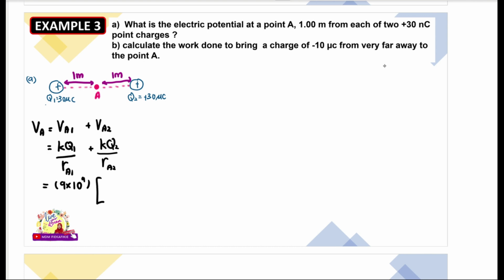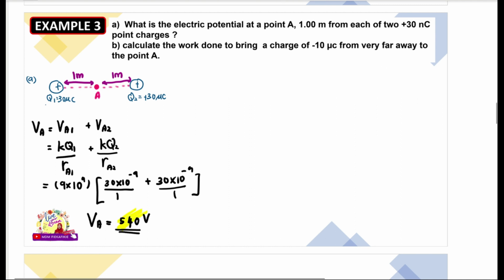Ini saya factorizekan. Q1, okay, nanocoulomb bukan micro, baca soalan betul-betul. So 1 meter plus another Q2. Okay, and then finally VA saya dapat 540 and the unit is volt. Alright, so jangan salah. Okay, and then finish this one.